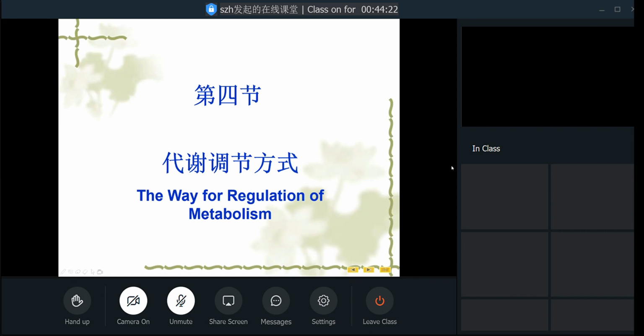Okay, continue. This is the last section in this chapter. Maybe some of my students already remember about the regulation for every kind of metabolic pathway.